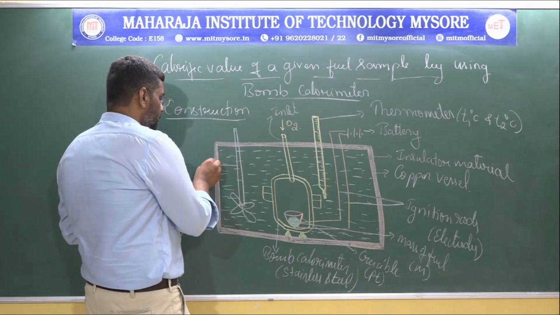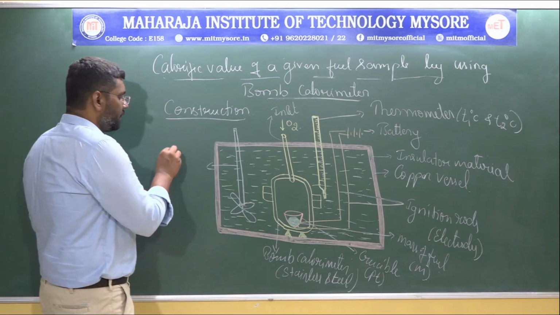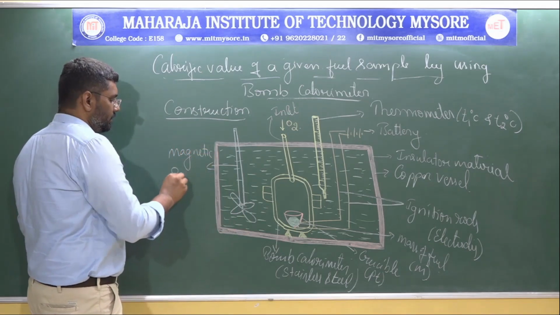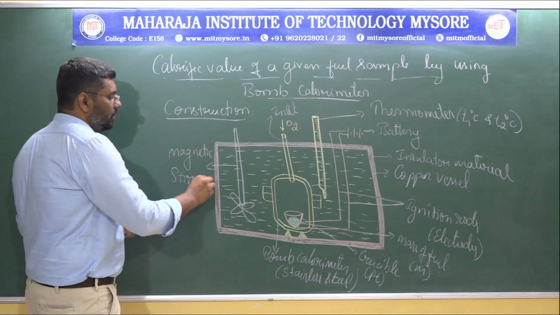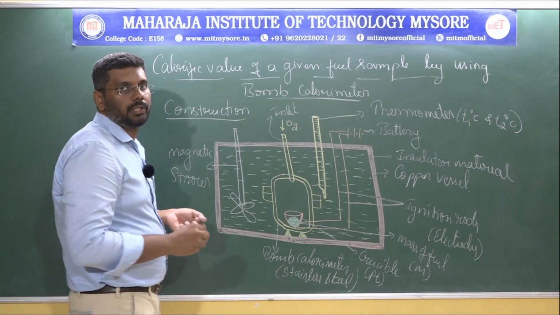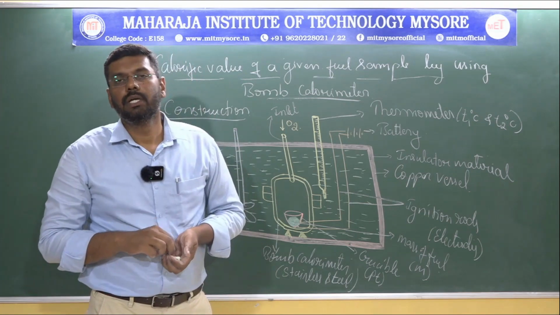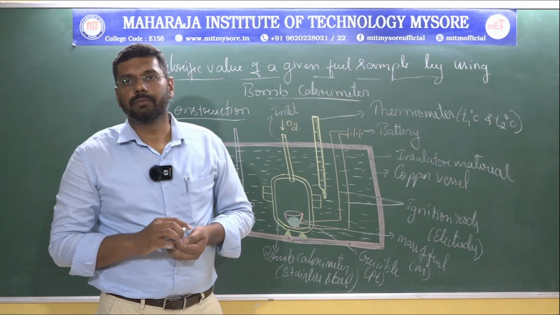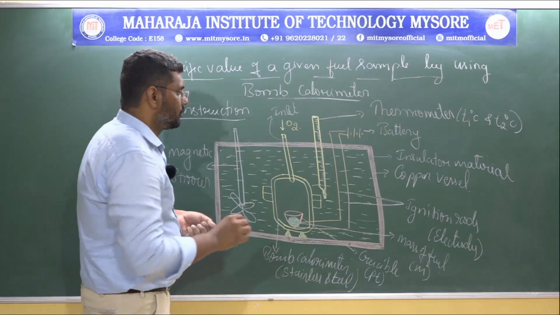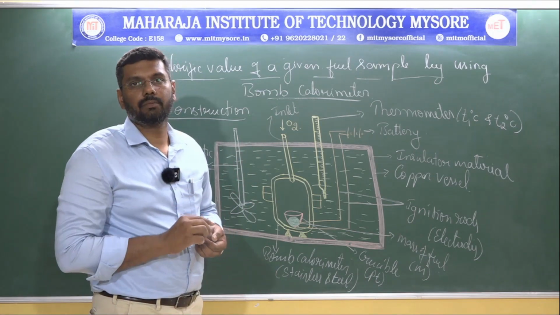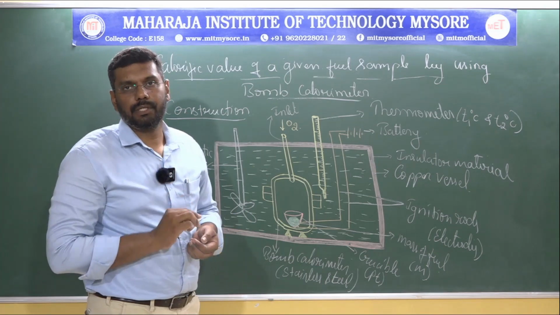Here there is the magnetic stirrer, which is used to stir the water body so that whatever heat is liberated will get completely distributed throughout the water body. Is it clear? So this is a neat labeled diagram of the bomb calorimeter.